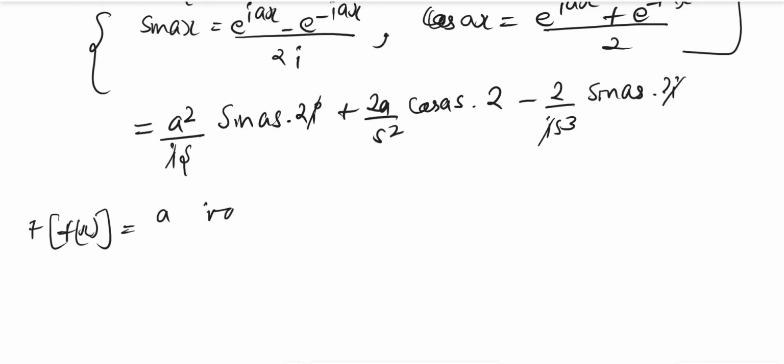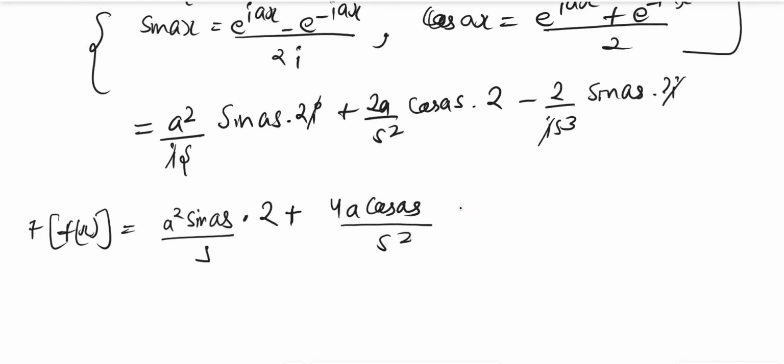sin sa divided by s plus, also multiplied by 2, so it is 2 plus 2 multiplied to 4a cos sa divided by s square, minus 4 sin sa divided by s cube.